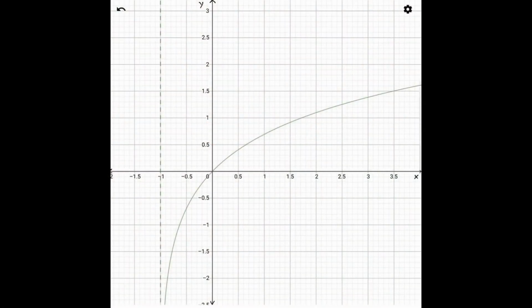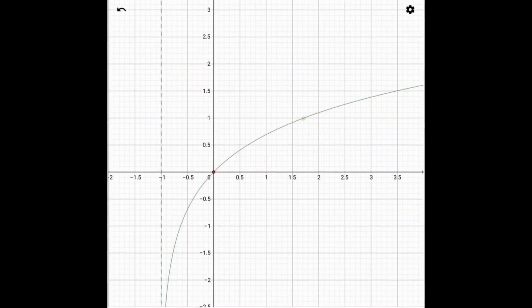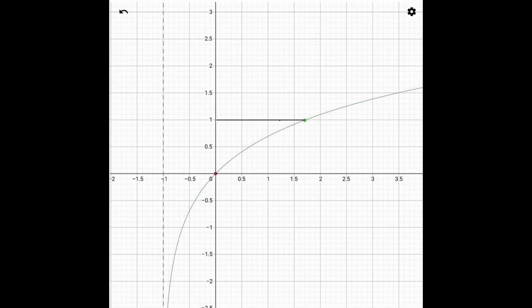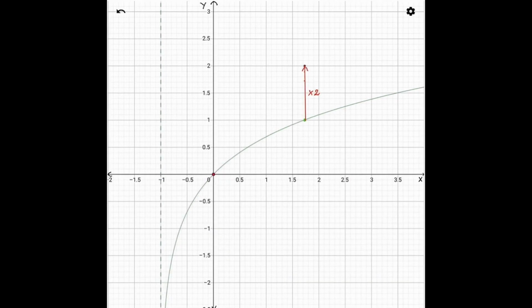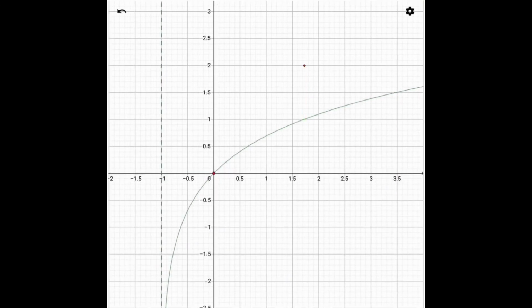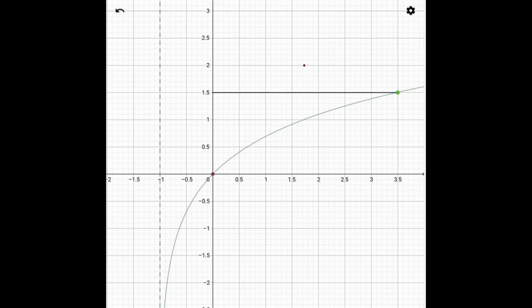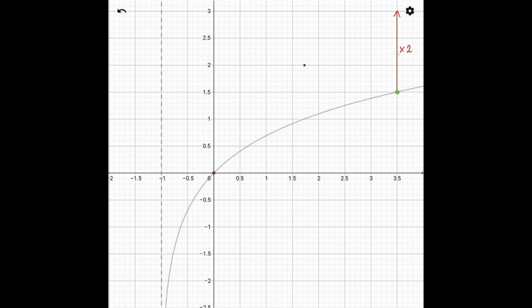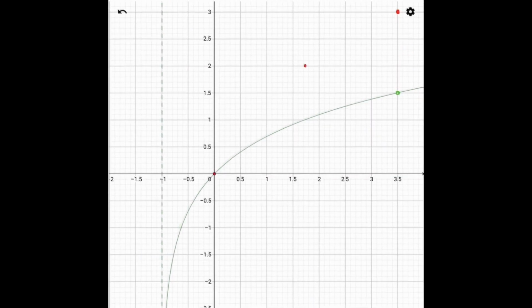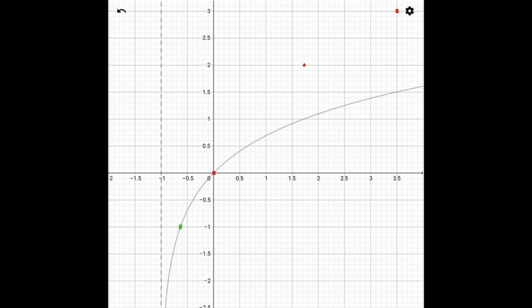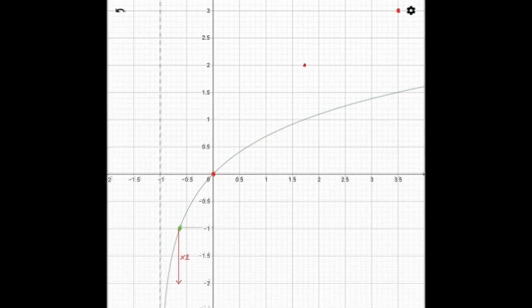Dilation from the x-axis by a factor of 2 results in the y values on the original curve being multiplied by 2 and the x values are left untouched. This original point, with a y value of 1.5, has an image with a y value of 3. This original point, with a y value of -1, has an image with a y value of -2, and so on.